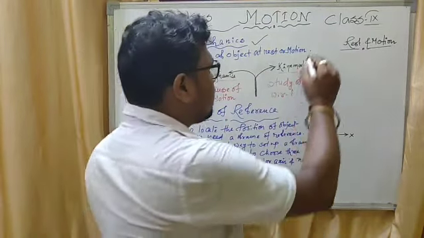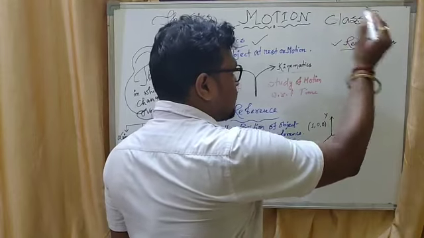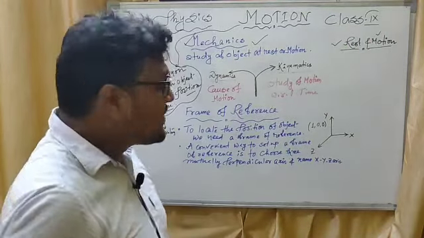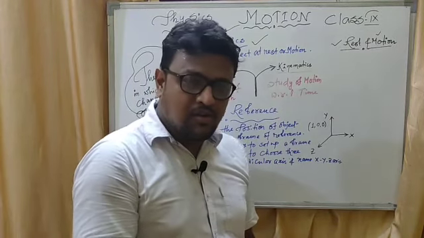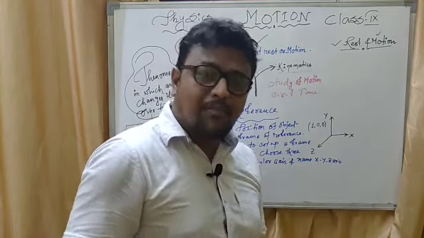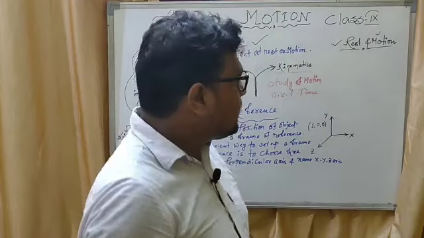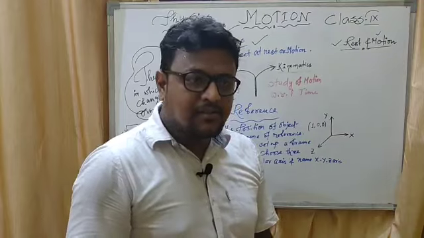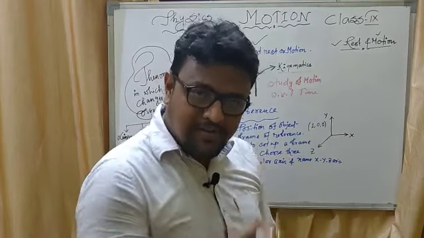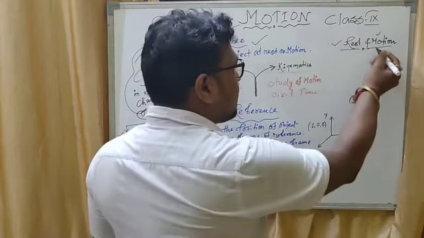There are two terms, one is rest and another is motion. What is rest? When an object is in rest position, where there is no external force applied on the particular object, at that time the object is in rest position. And when an object changes its position from rest to the moving position, that is nothing but motion.